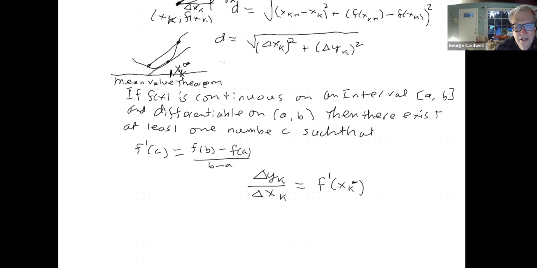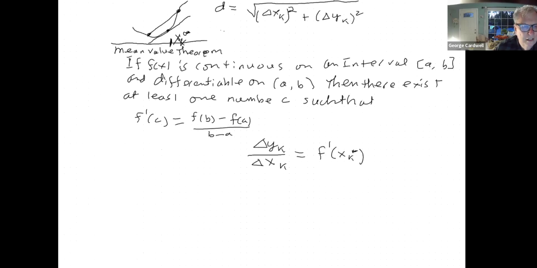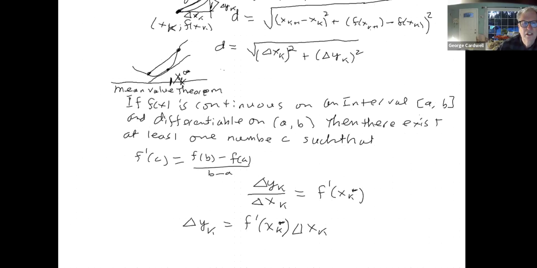Okay. Since that's true, I can rewrite delta yk to be f prime of xk star times delta xk. Right? So delta yk equals that. Which means now in this formula up here, instead of saying delta yk squared, I'm going to insert all this.